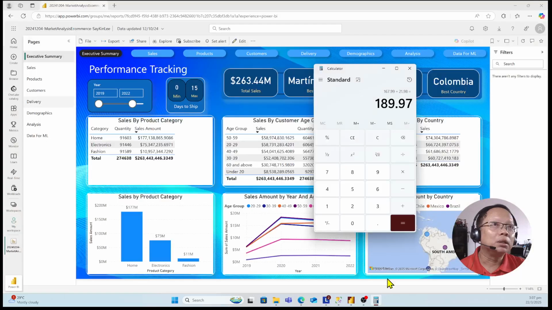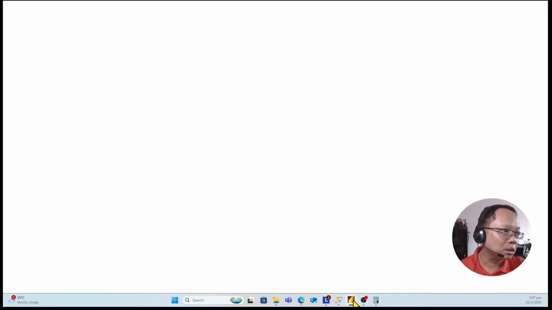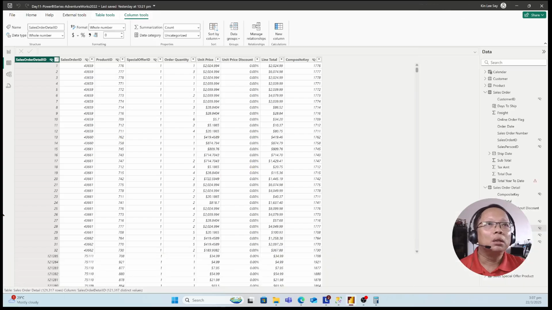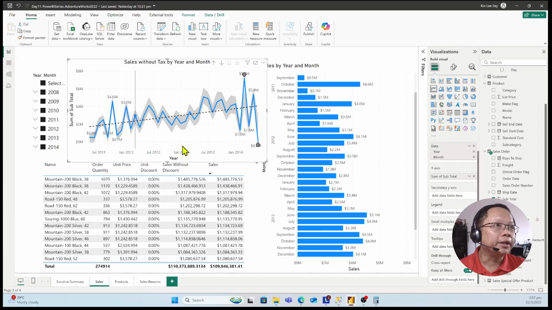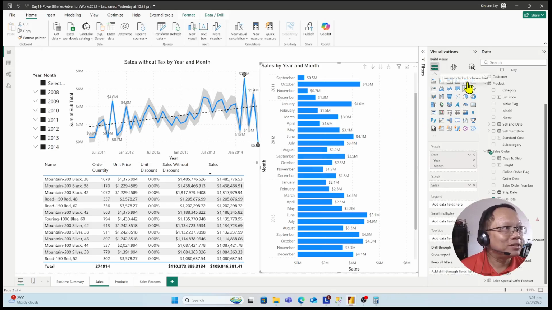Okay, let's go back to the report view. From here we also identify the outliers here and outliers here. I've also done, what's this? No, sorry. Let me get this correct. This is a clustered bar chart.